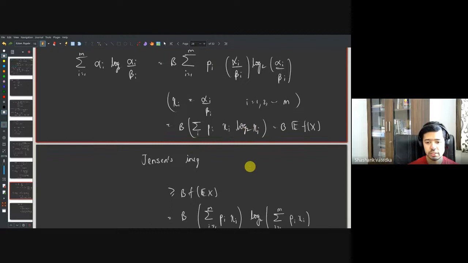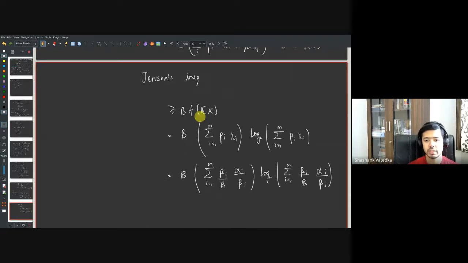And then I use Jensen's inequality to say that this is greater than or equal to f of expectation of x, which is expectation x log expectation x. And then I've again substituted for this pi and xi. So now I can cancel this beta i and this beta i, this beta i and this beta i.